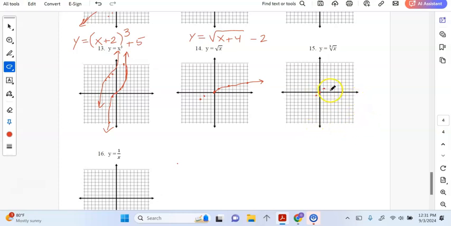So input 8. And what's the output? Cube root of 8. 2. 2 times 2 times 2. And we can also do the cube root of -8. That's why this goes in both directions. So it's kind of like this guy, x to the third, but it's turned on its side.